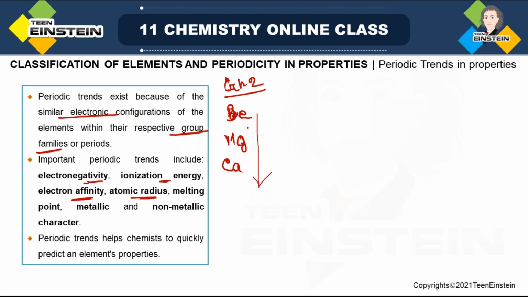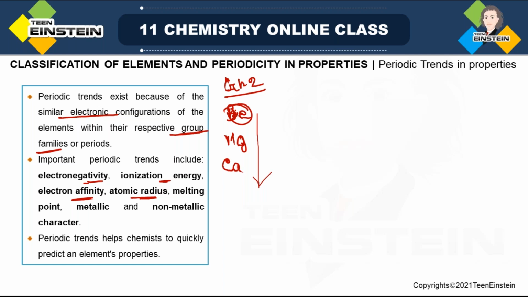So if the first element's atomic size is given, obviously you can have an idea what should be the atomic radius of the other higher members of the same group, because you know that down the group atomic size increases. If the value for Be, that is beryllium, its atomic size is given to you, you can easily predict that down the group for the higher members, as you are moving to Mg, to Ca, to strontium, obviously it will increase.